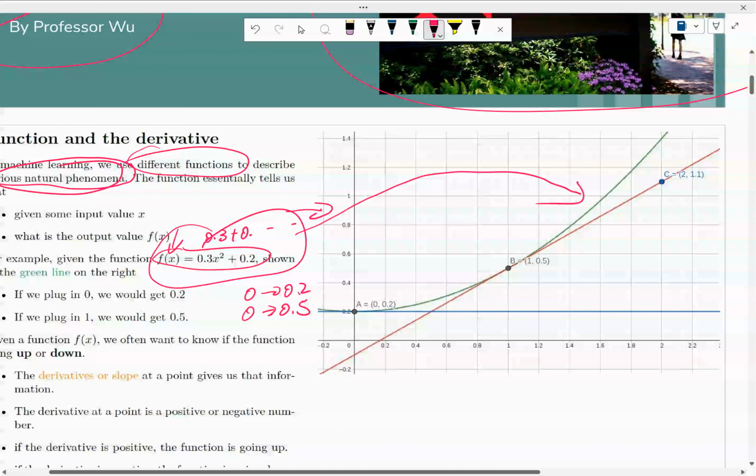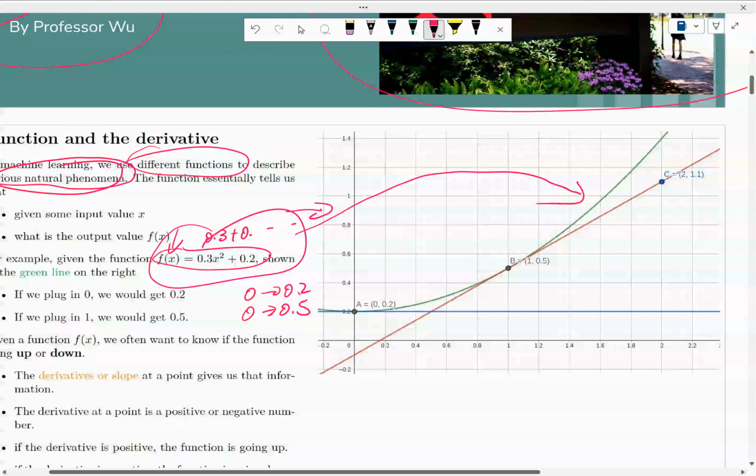An associated concept with function is called a derivative, or the slope of the function. When you're talking about the derivative at a given point, if you have a positive derivative like at this point, it's saying that as x increases from this point, the function is going up.